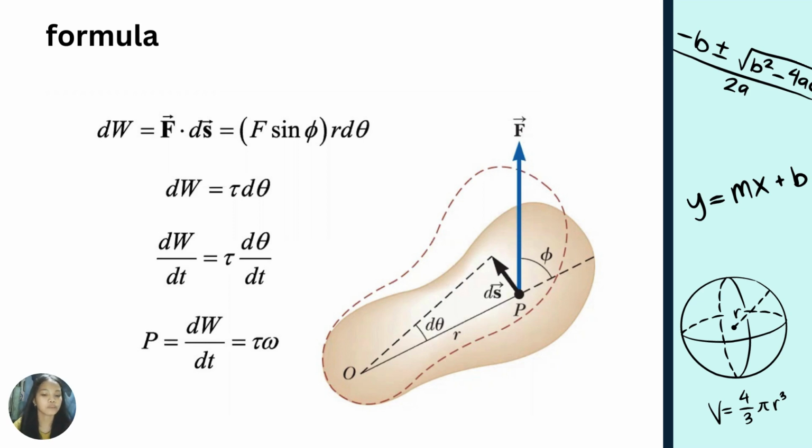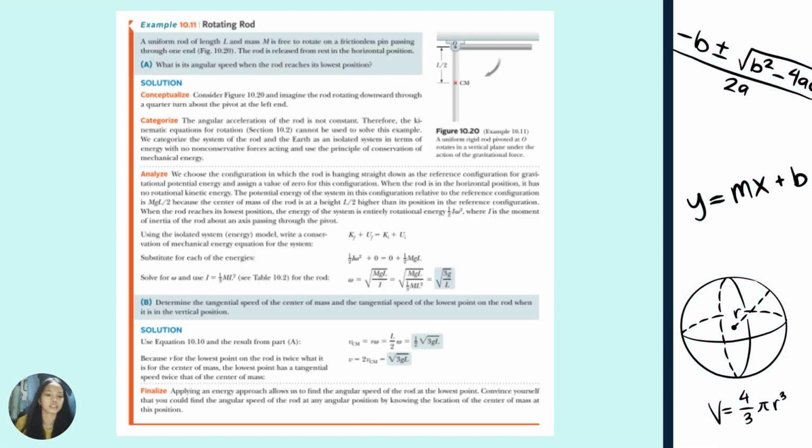The equation for dW over dt is by definition the instantaneous power P delivered by the force. Furthermore, because d theta over dt equals omega.